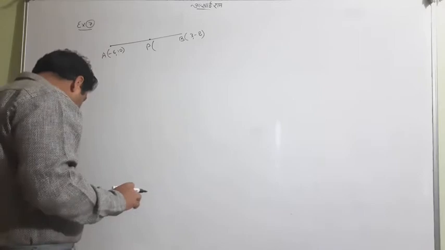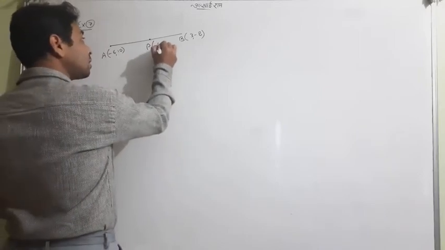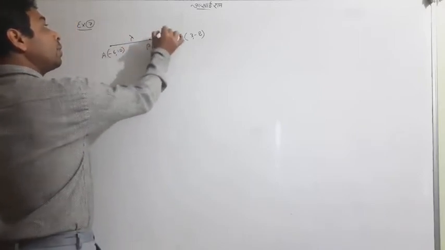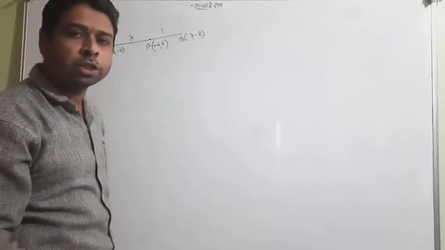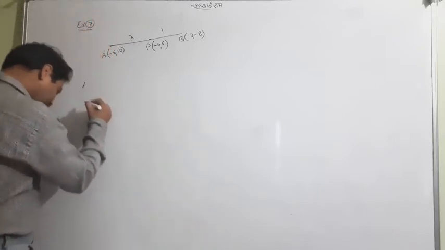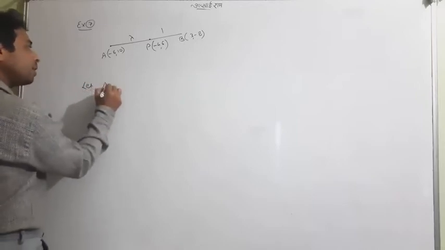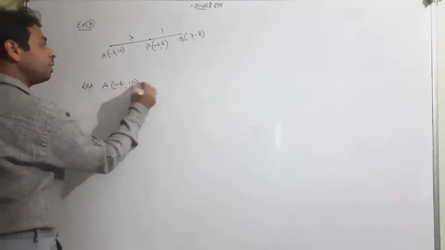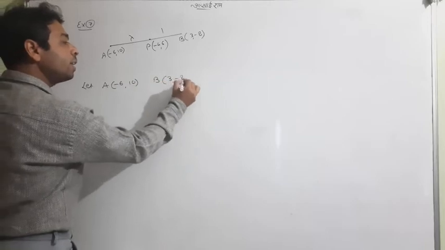So P is (-4, 6). And we have to find the ratio, which I taught you, always assume lambda is to 1. So I will start the concept. Let A be (-6, 10) and B be (3, 8).